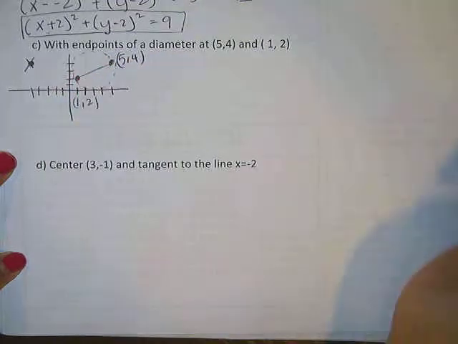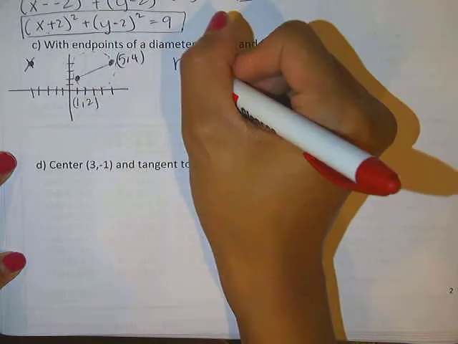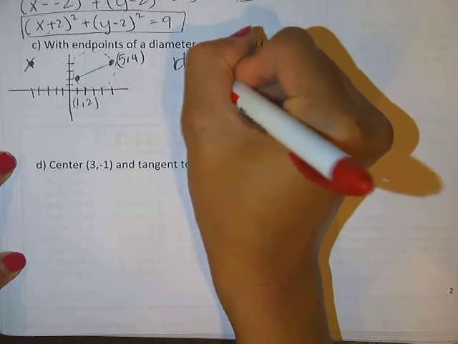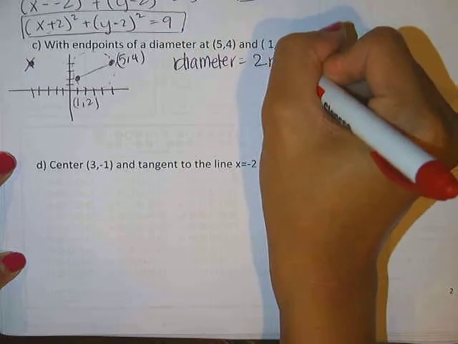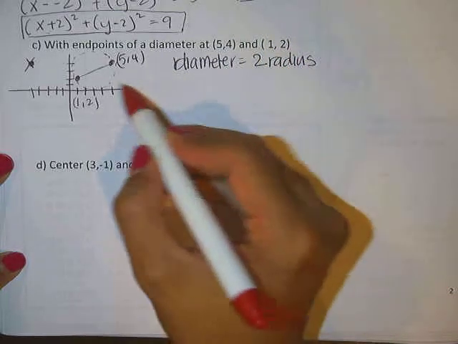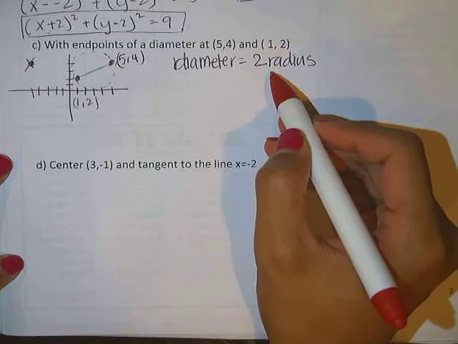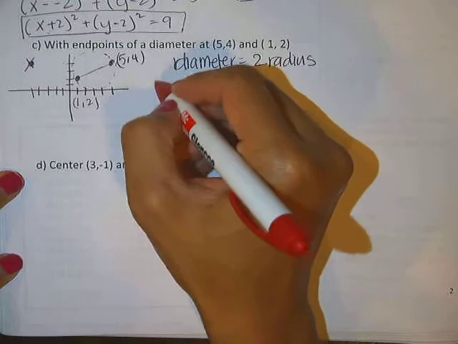If you know the radius, I'm sorry, diameter, what am I saying? Diameter equals 2 times the radius, as we all know. So if I know this distance and I divide it by 2, then I will get the radius. And that's what I'm going to do first. I'm going to use the distance formula.